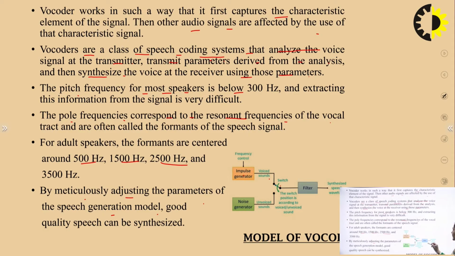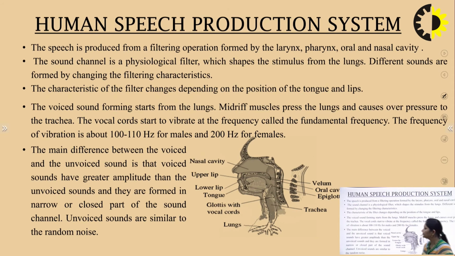Then there is a filter, and ultimately we get the synthesized speech signal. So the main aim of the vocoder is to take out the important information, the formants, and from those formants we convert the signal to digital form, and then at the receiver we can synthesize the voice signal.